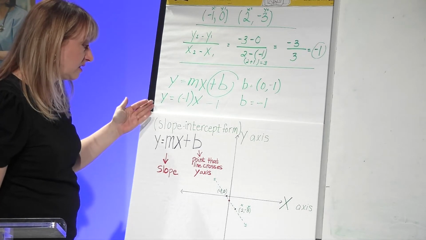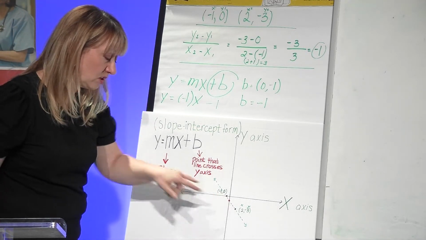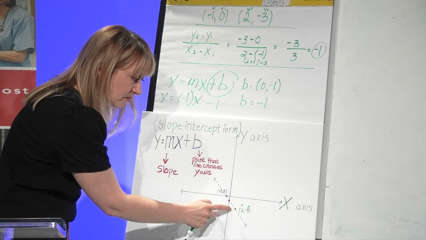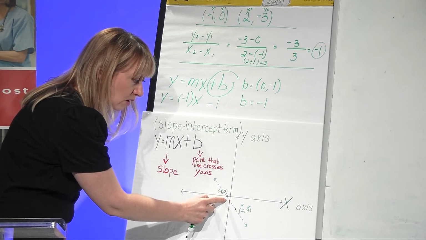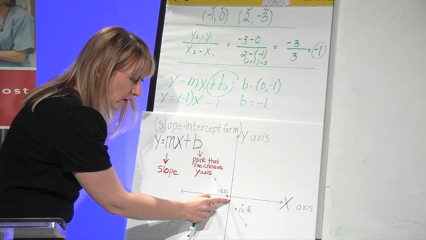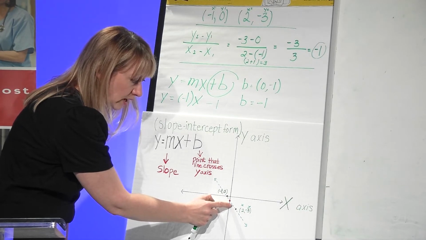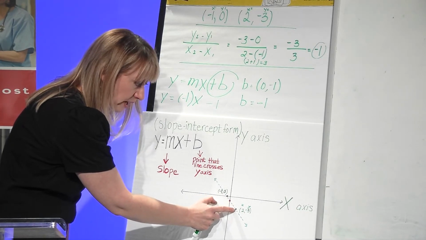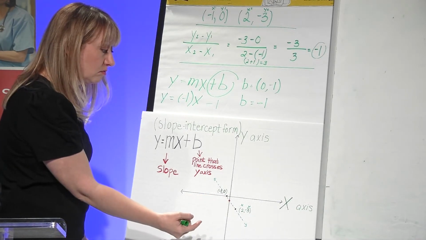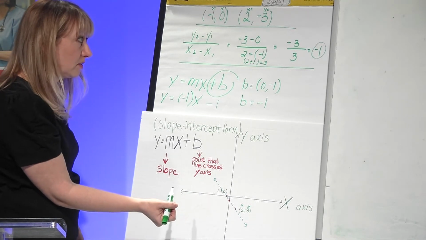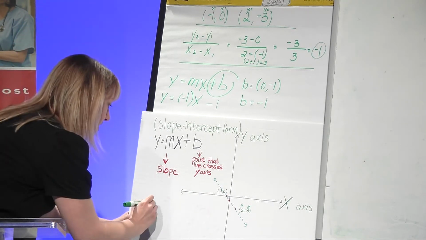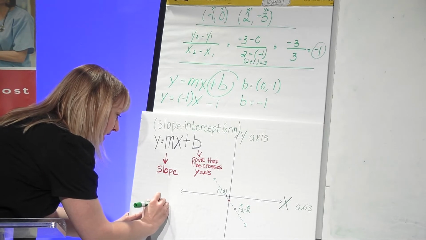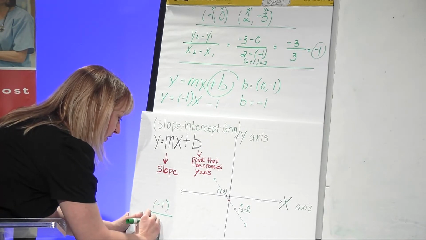Another way to find the slope, and with this you can just look at it and you'll know, it goes down 1 to the right 1, down 1 to the right 1, down 1 to the right. So you know your slope is simply 1 over 1 because it goes down 1 and over 1.